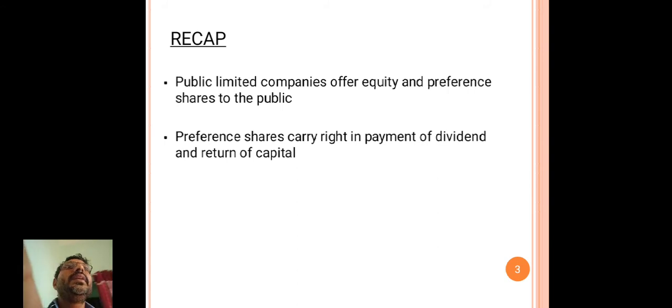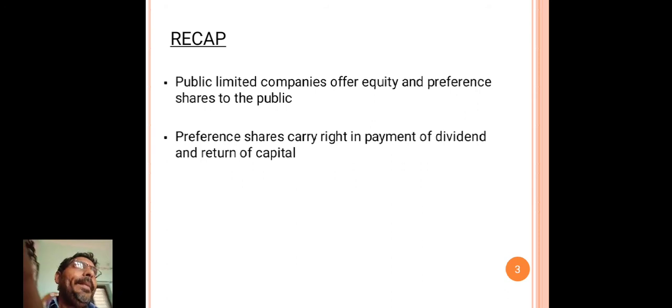But in case of priority in distributing the dividend, out of the total profits, the first priority will be given to the preference shareholder. Then the remaining amount will be declared as a dividend in that financial year to the remaining equity or deferred shareholders.